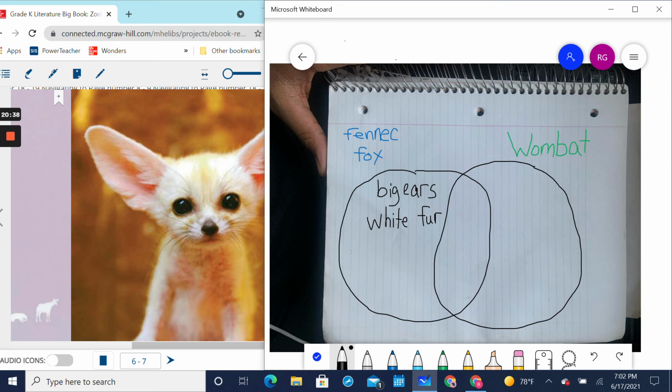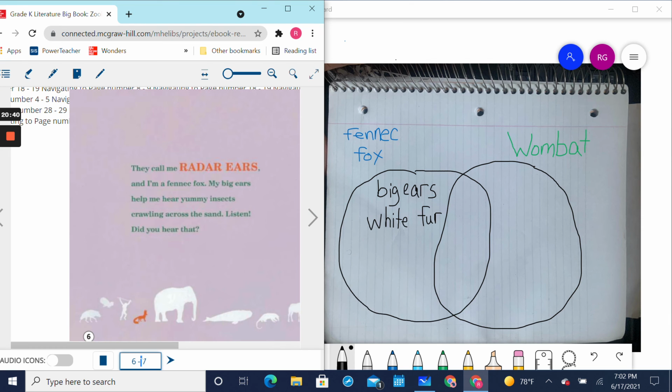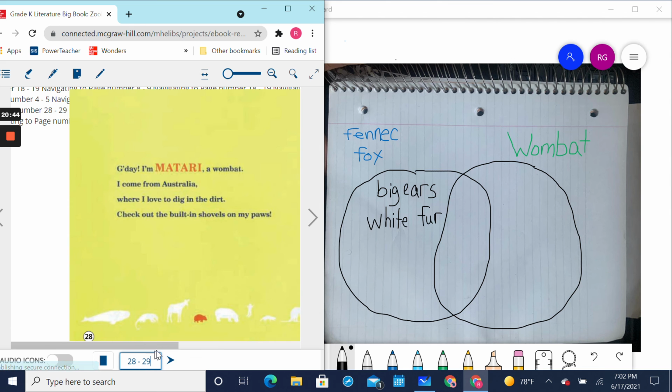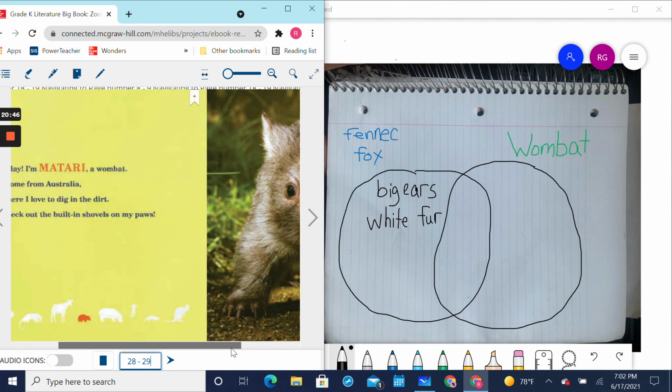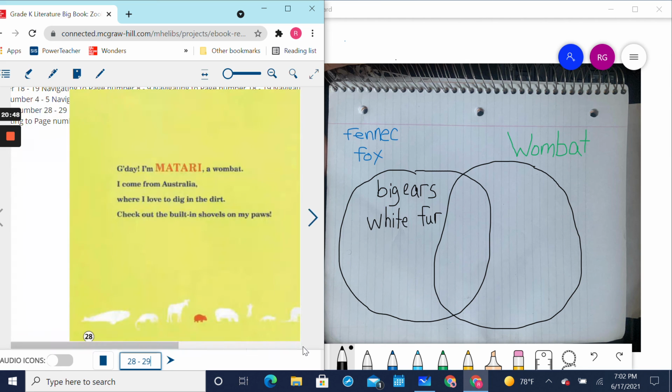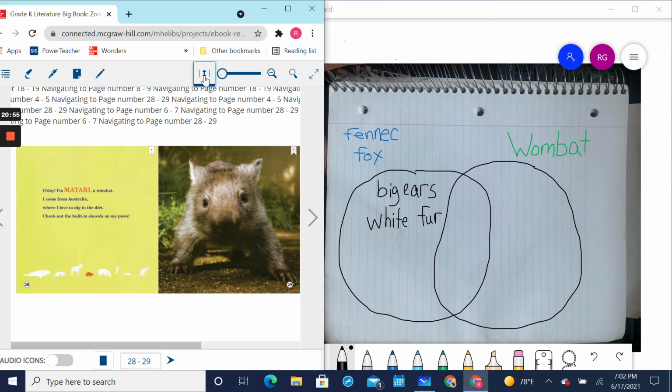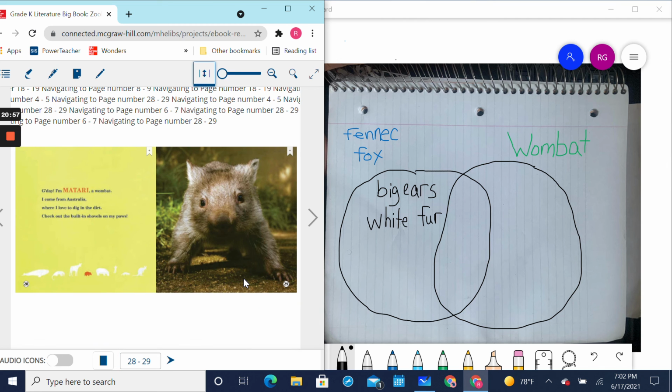What about our friend, the wombat? Does the wombat have big ears? Let's zoom out for a second. Does our wombat friend have big ears like the fennec fox?